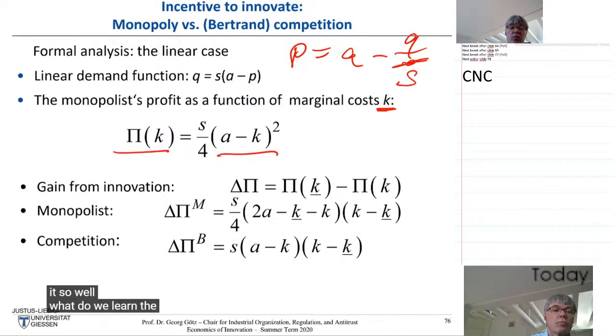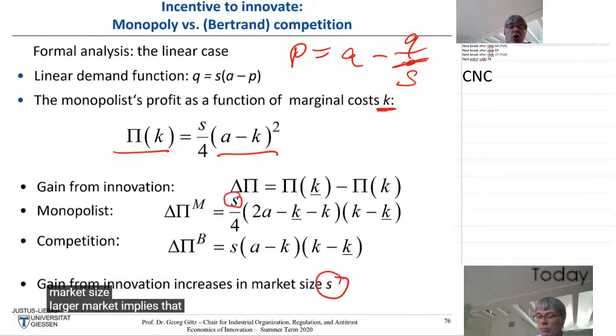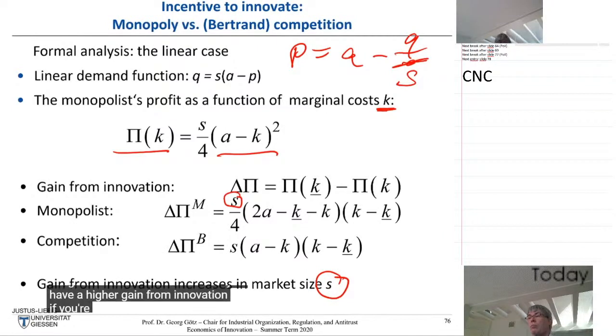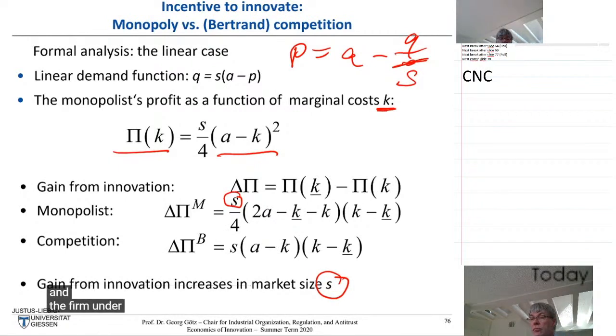What do we learn? The first learning here is that the gain from innovation increases in market size. A larger market implies a higher incentive to innovate. If you're a larger firm, you have a higher gain from innovation. That's rather important, and that holds both for the monopolist and the firm under competition.